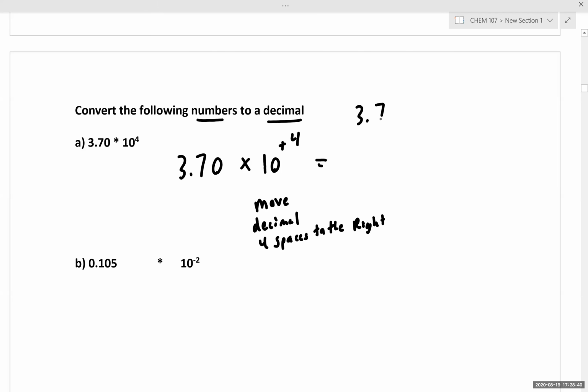So we have 3.70. We're multiplying by 10 to the positive fourth. So we move it 1, 2, 3, 4 spaces to the right. That in turn gives us 37,000.